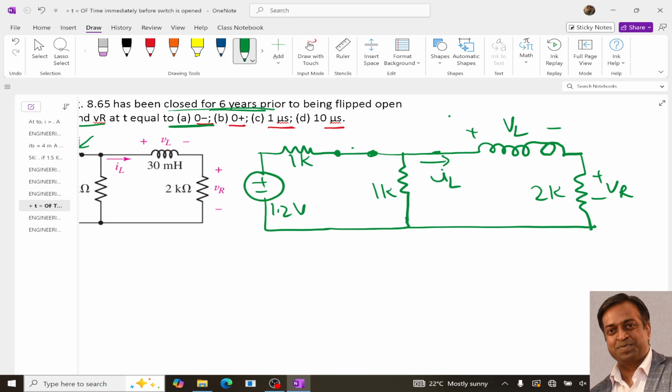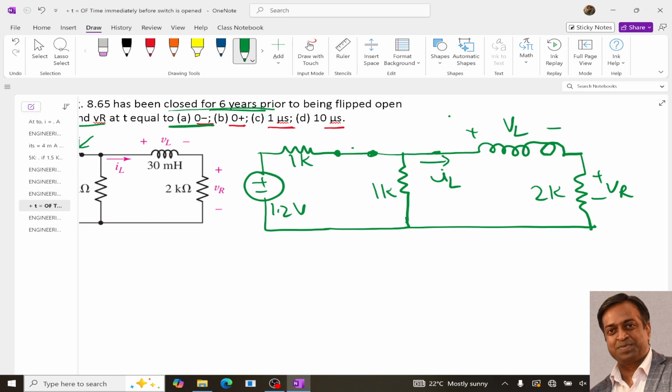Now with respect to the inductor, we know that if the current flowing through the inductor is not changing, then the voltage across the inductor will be 0.